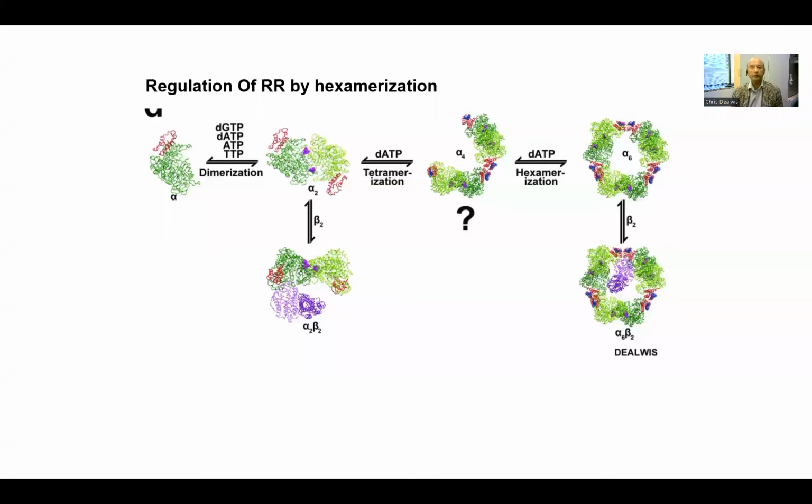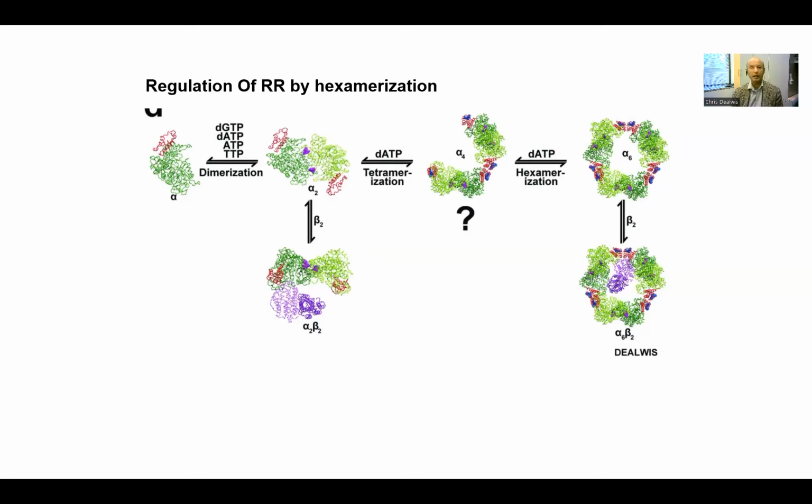Now, this shows oligomerization regulating RR. We were able to determine the first structure of the alpha-6 beta-2, both with X-ray crystallography and cryo-EM.